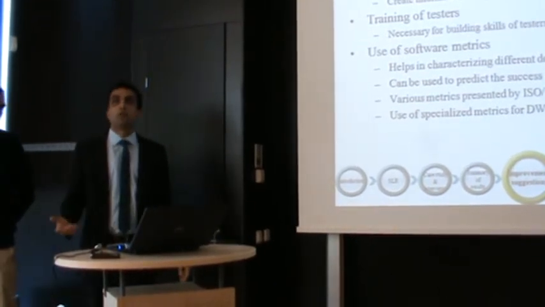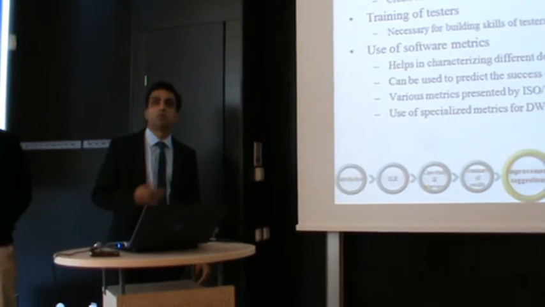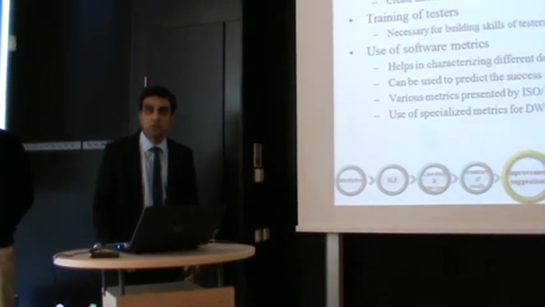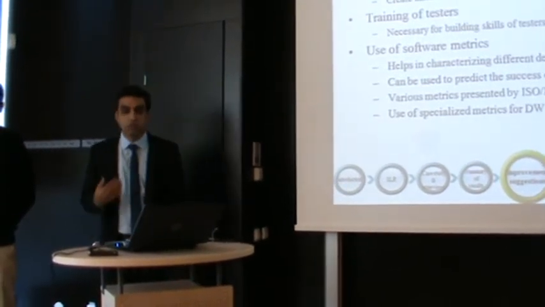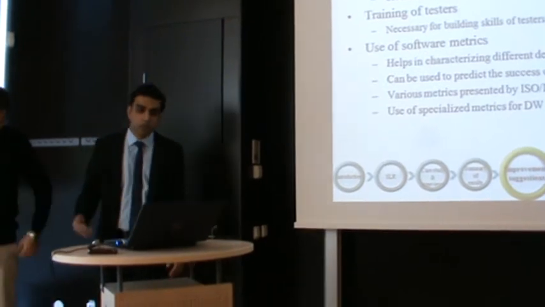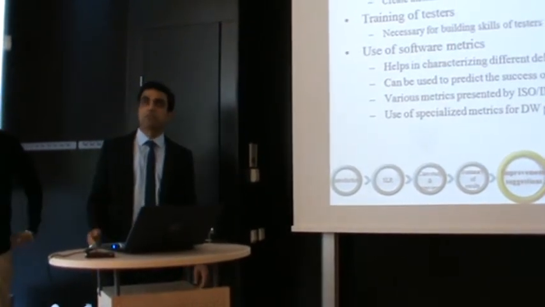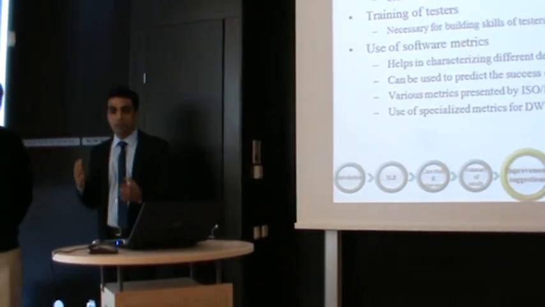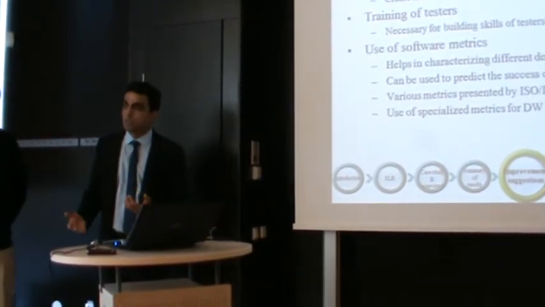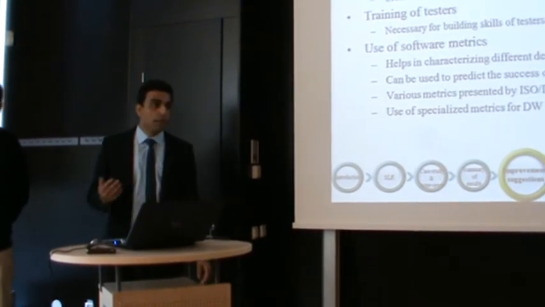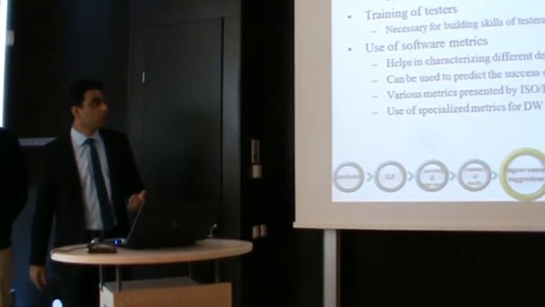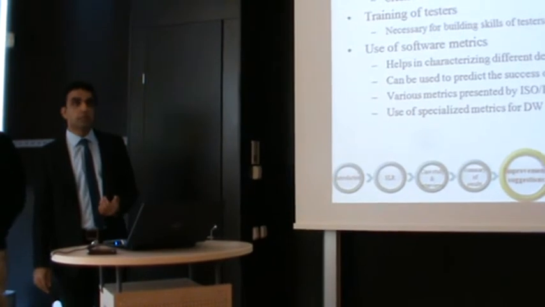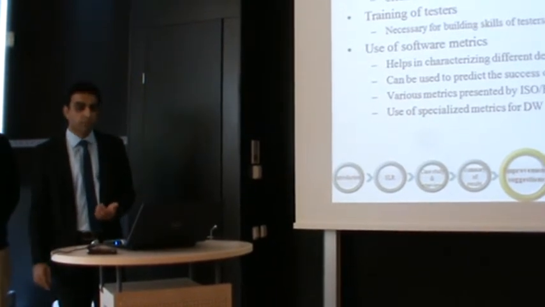Training of testers. All testers should be skilled to understand normalization rules, dimensional normalization rules, queries testing, etc. Use of software metrics. Software metrics help to characterize different units of deliverables and processes in a software project. If used properly, they can be used to predict the success or the failure of the project.